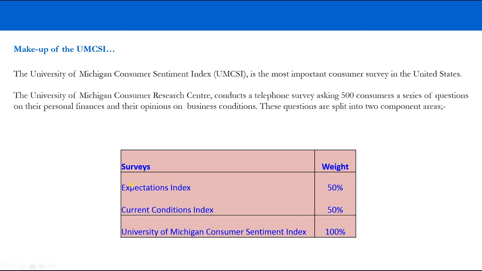The expectations index is the questions that they get asked on their expectations of future business conditions, and the current conditions, they get asked about what their thoughts are on the current business conditions and current personal finances.